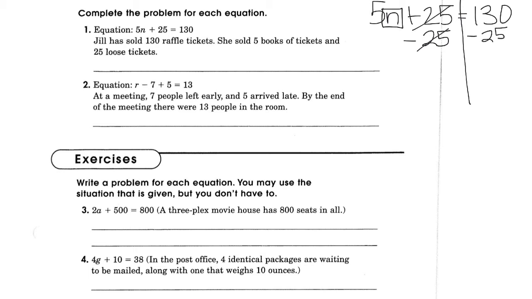And that cancels out, and you're left with 5n equals, well, 130 minus 25 is 105. Now, we need to divide by 5. That cancels out, and we get n equals, and that is 21. So n equals 21 tickets.